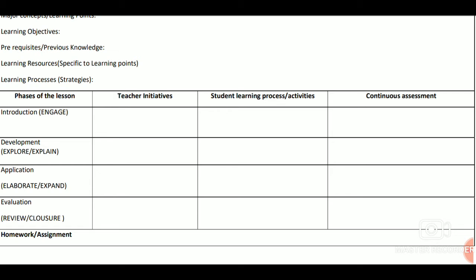For that, the teacher may ask questions orally. So we need to write the oral question that the teacher may ask, or the teacher may give certain tasks to the students to perform, which will help the teacher to understand their understanding. In that case, we will write the task that is given to the students in the continuous assessment.